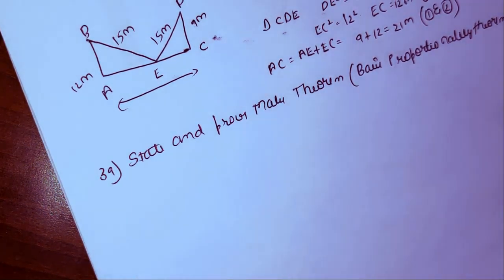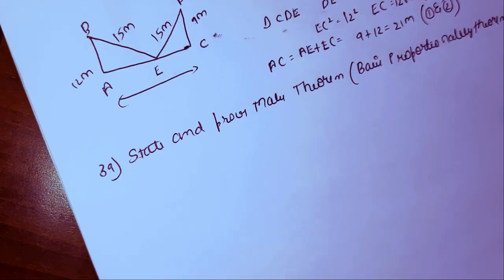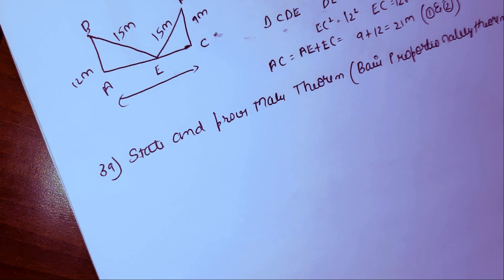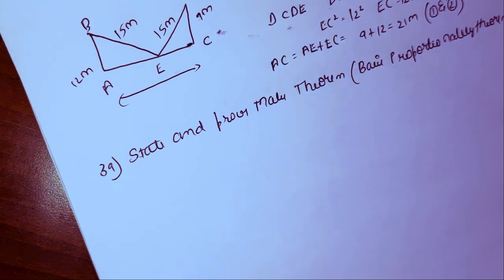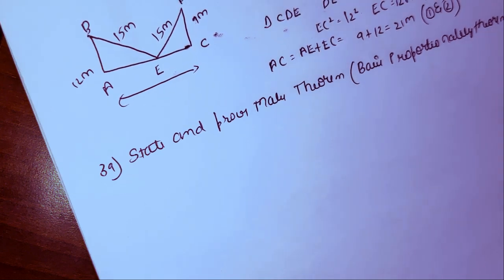First you have to write the Thales theorem. I have written in one more question. If a line is drawn parallel to one side of a triangle to intersect the other two sides in distinct points, the other two sides are divided in the same ratio.